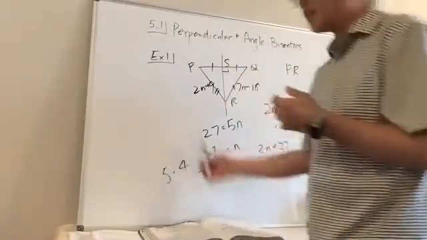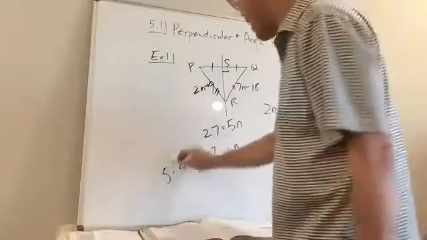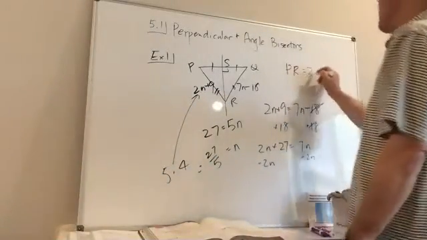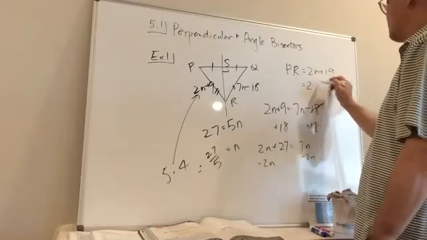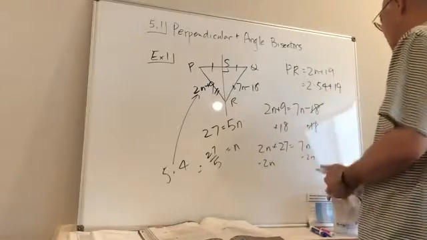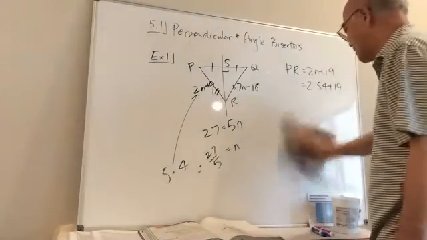If you stopped here, you're not getting full credit. You have to now put this back into here to find out what PR is. PR is 2n plus 9, so 2 times 5.4 plus 9. 5.4 times 2 is 10.8.